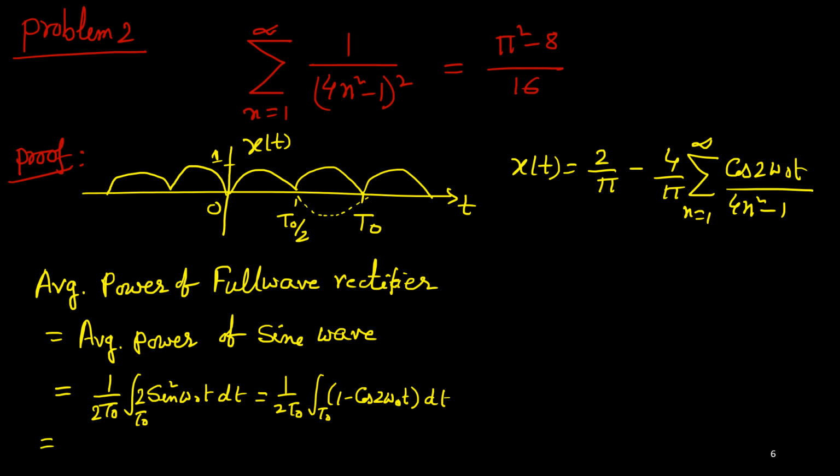So you see here it is 1 upon 2 T naught, and it is only dt for T naught, minus 1 upon 2 T naught, and it is cos 2 omega naught t dt. So it's a double frequency. So within one time period, the total area of a sine or cos wave is going to be 0. So this is always 0. Okay, so it is T naught, so it is half.